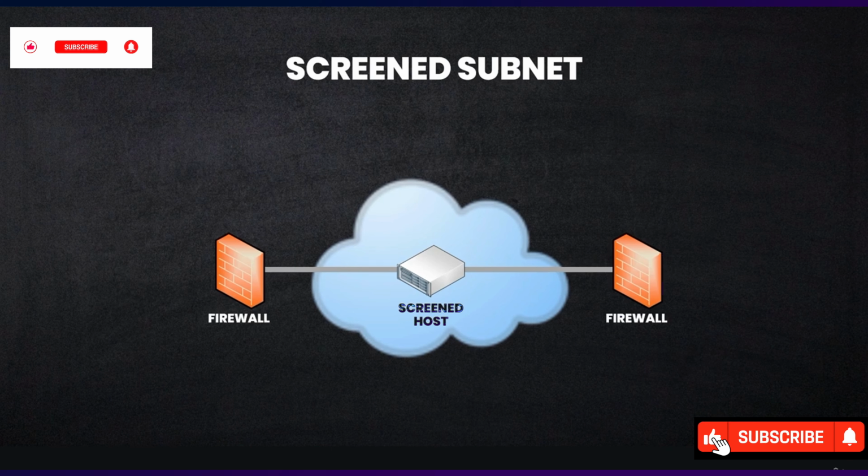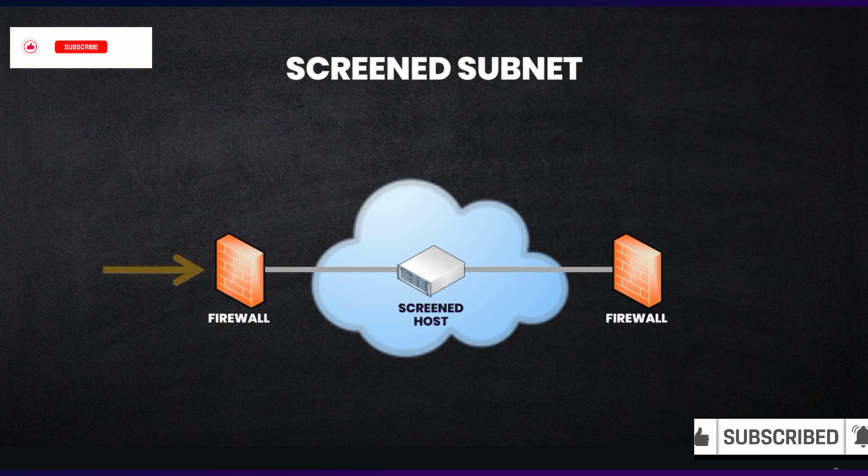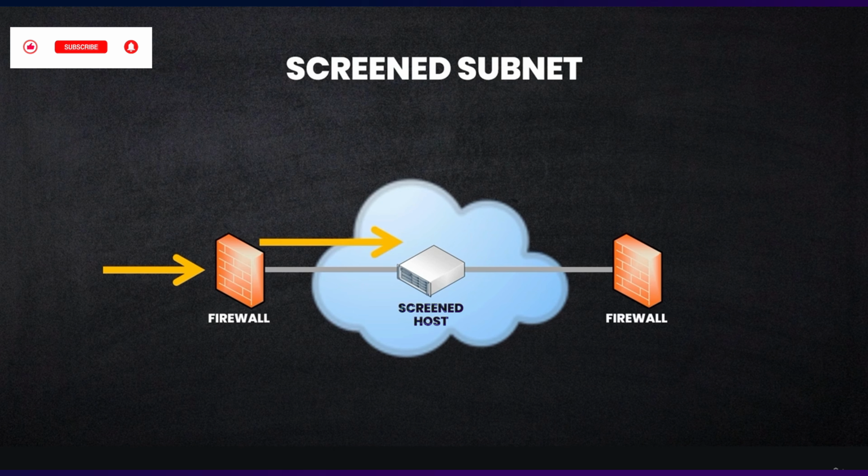Then the traffic enters the DMZ. It will be analyzed by the screened host. If it meets the policy, it will be forwarded to the next firewall, where it again has to meet another policy. Then it will be allowed to continue into the trusted local area network or whatever the traffic is destined for.